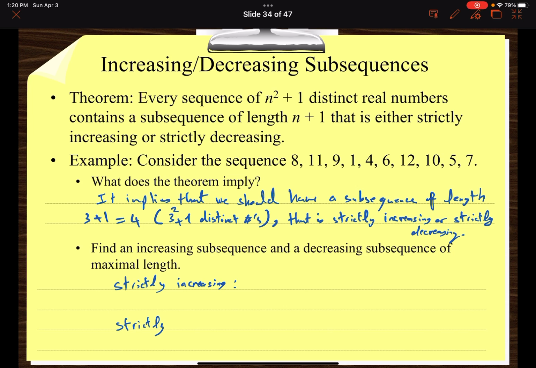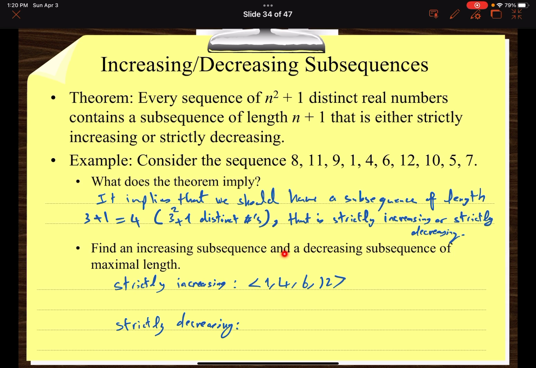And we also want strictly decreasing. Where is the strictly increasing one? Let's see. Yes. 1 4 6 12. So this is of length 4, which is in line with the theorem, right?